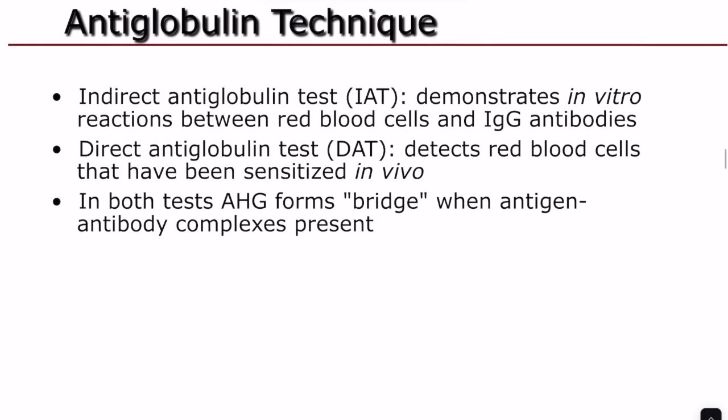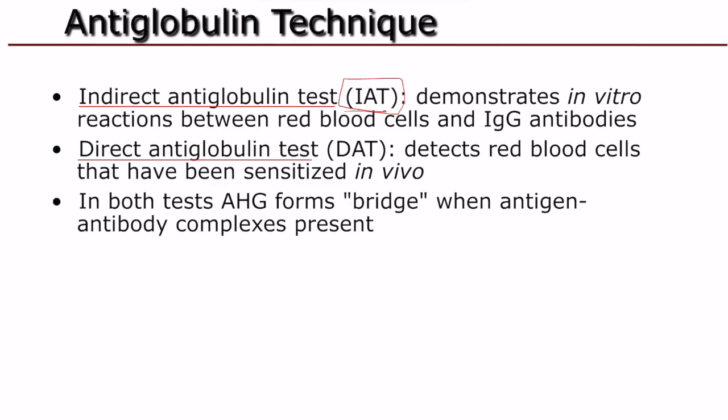So some of our testing techniques, and you will hear these different words, and we need to become familiar and accustomed with them, and understand exactly what they mean. So we have an indirect antiglobulin test, IAT, and you might hear someone use an IAT. And then we have the direct antiglobulin test.